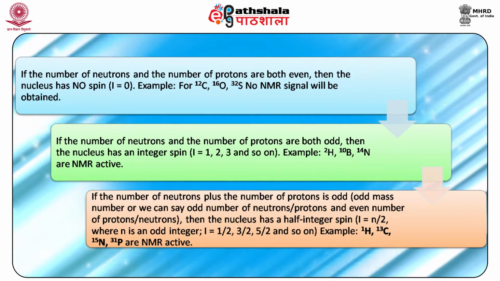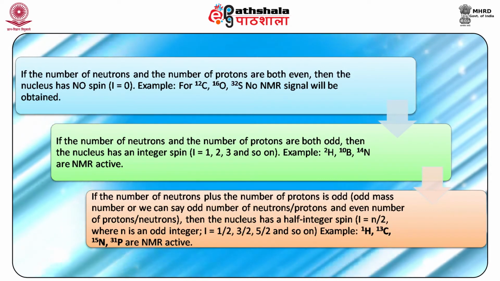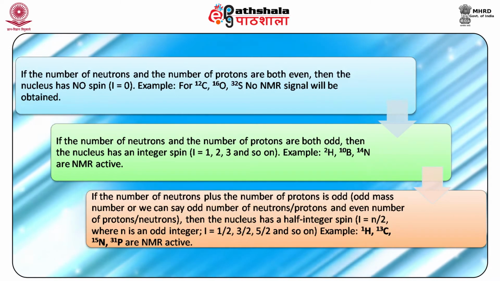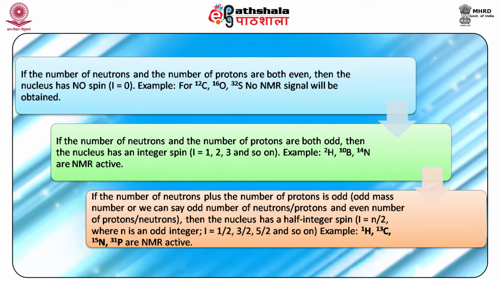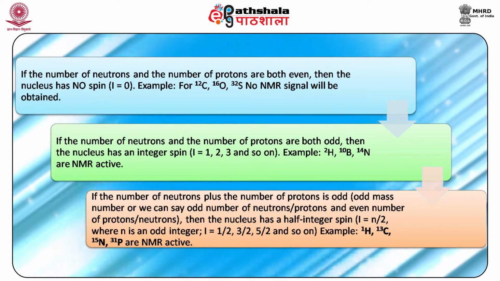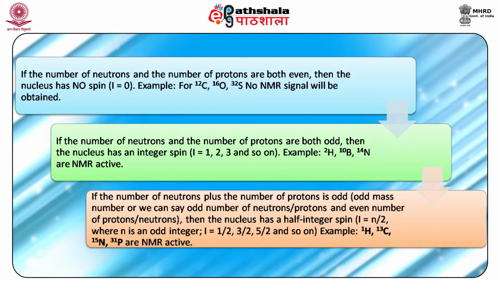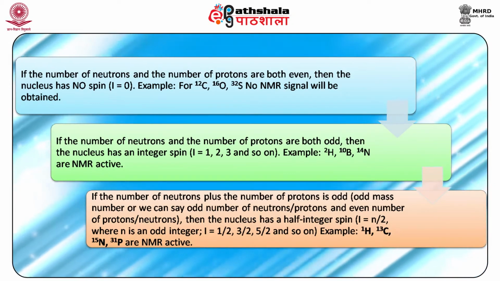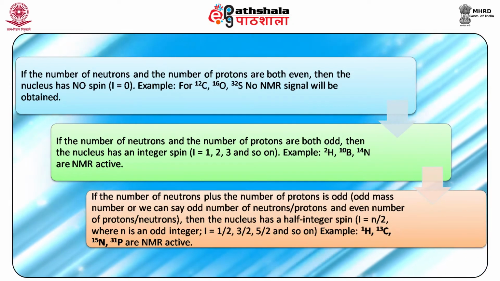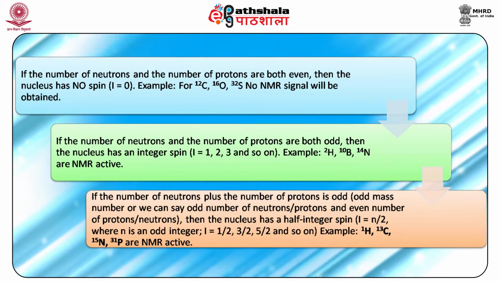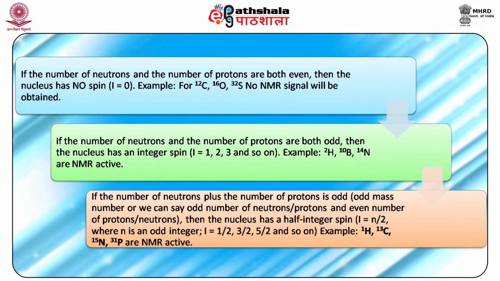For these, no NMR signal will be obtained. The empirical rule number 2. If the number of neutrons and the number of protons are both odd, then nucleus has an integer spin, that is, spin quantum number will be equal to 1, 2, 3 and so on.